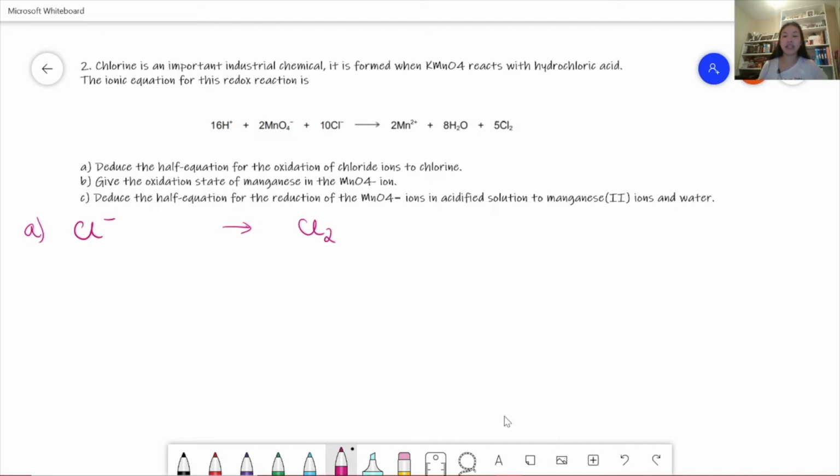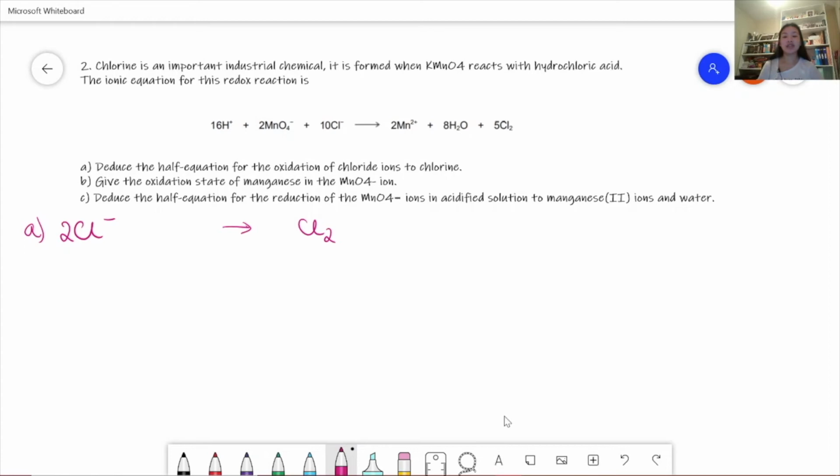That means we need another chloride ion on the left-hand side because we've got 2 chlorine atoms on the right-hand side. And then we balance the oxygens by adding waters. We don't have any oxygens, so we move on to the next step, which is to balance the hydrogens with H+ ions. We also don't have hydrogens, so we can skip that step as well.